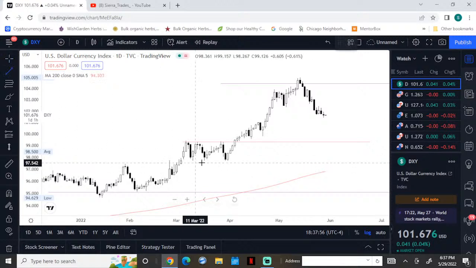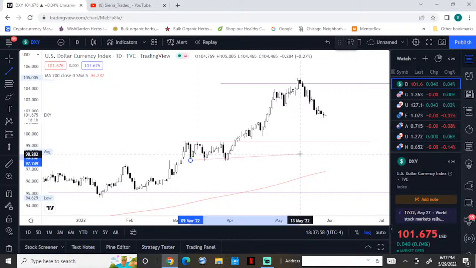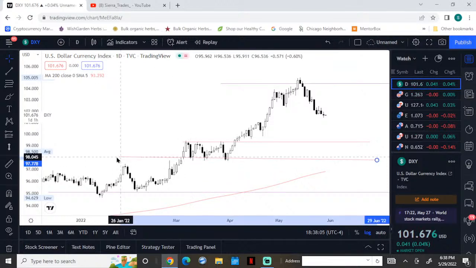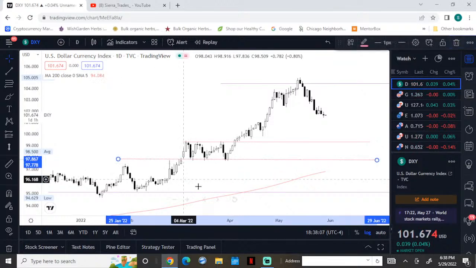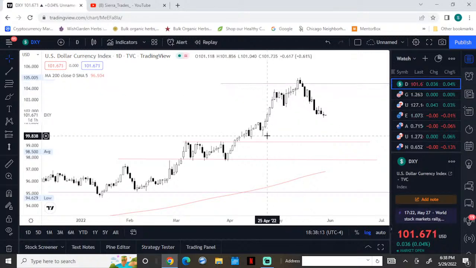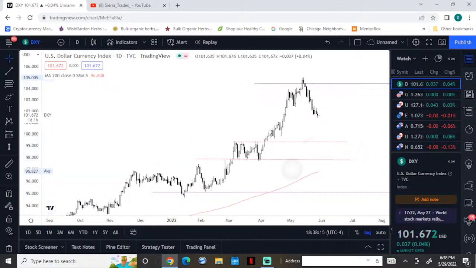I'm actually going to mark the bottom as well because price broke through, tested a little while before it went back up.